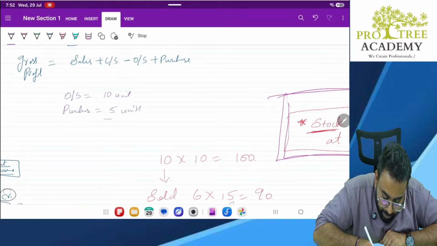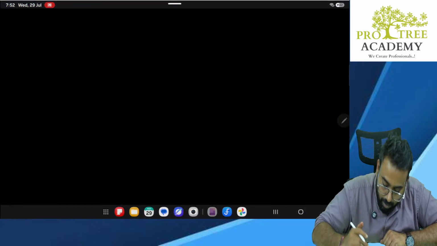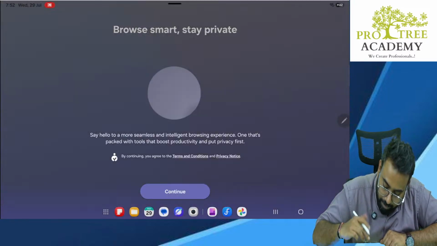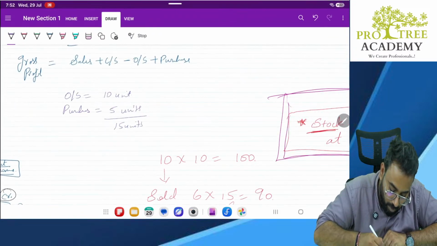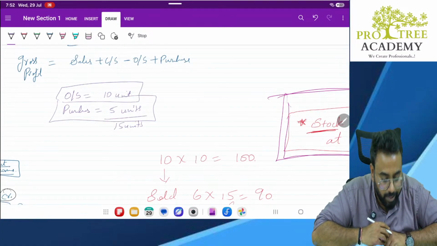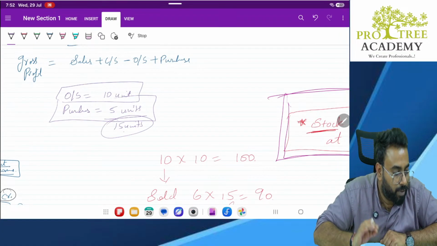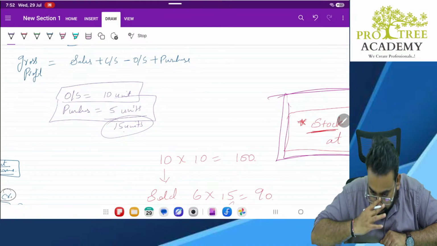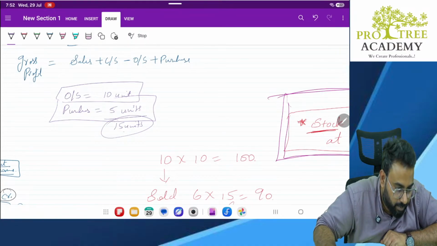How many units do I have? 15 units in total. Correct or no? I am having opening stock of 10 units. I made purchases of 5 units. So how many total units am I having? 15 units I am having. Am I right? Yes, sir.